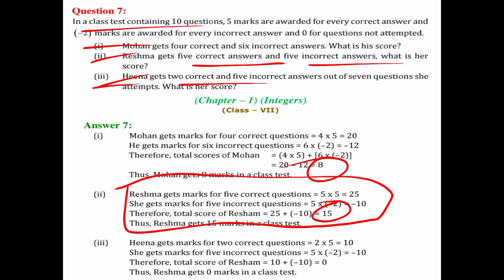Hina gets two correct answers and five incorrect answers out of seven questions she attempted. So about Hina, she only attempted seven questions. Out of seven questions, five are incorrect and two are correct. So what will be her final score? She attempted only seven questions.